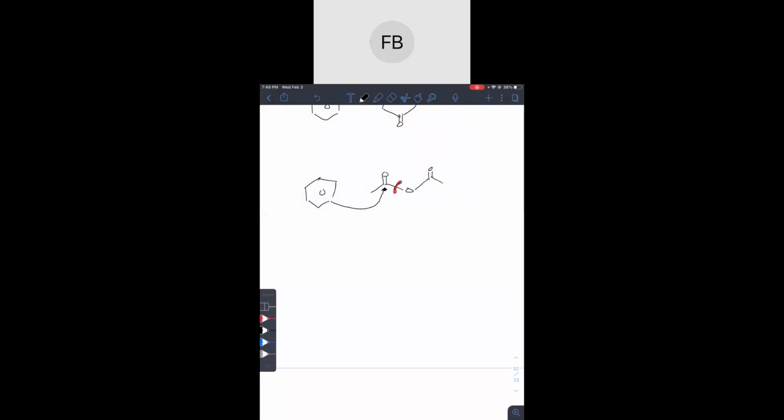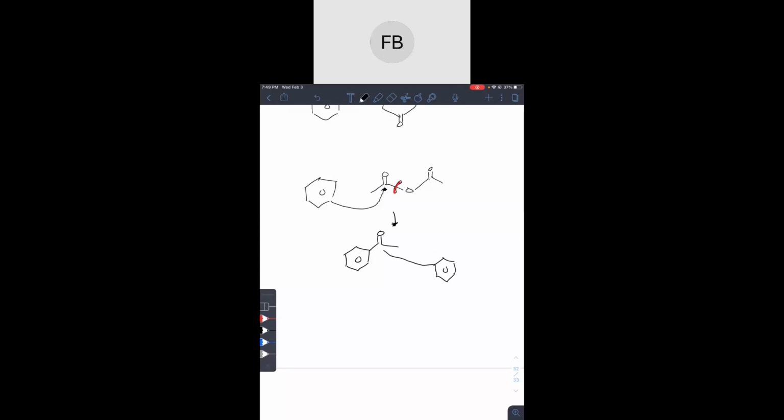Next, let's continue this scenario. Let's say that now I have this attached to this, which is the result of what would happen after the above scenario. Now say that I wanted to bring in another phenol.